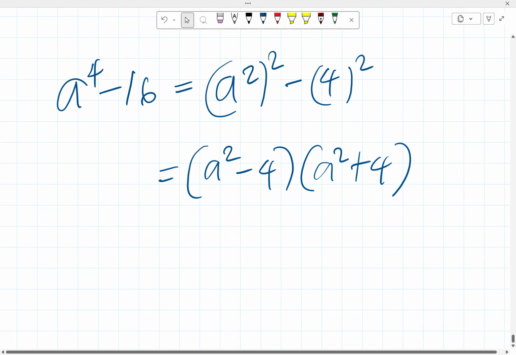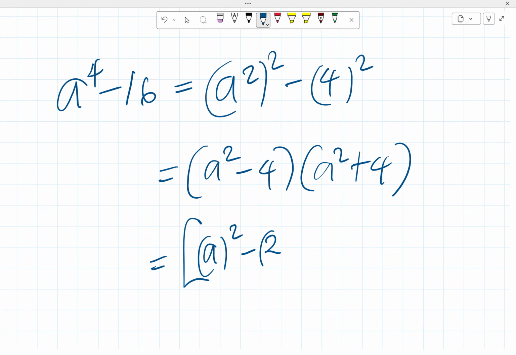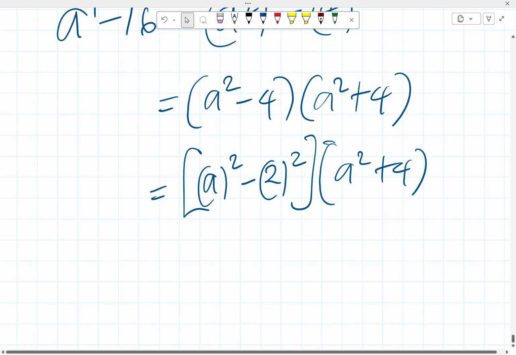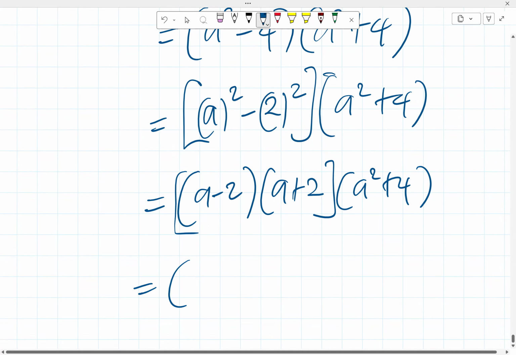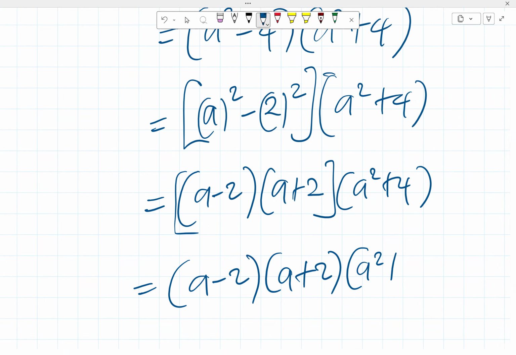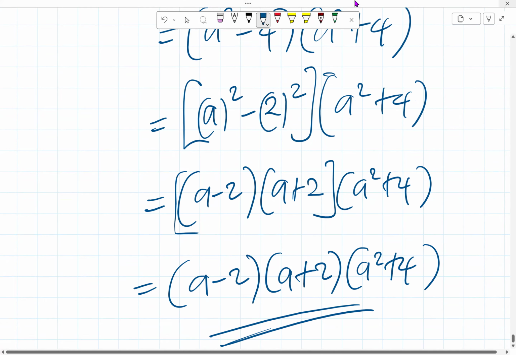This is the same thing as a squared minus 2 squared into a squared plus 4, which we cannot do anything with. Well, we can do something with it, but it's not necessary. So we then have a minus 2 into a plus 2 for that first one into a squared plus 4. So ultimately, we have a minus 2 into a plus 2 into a squared plus 4, like that.